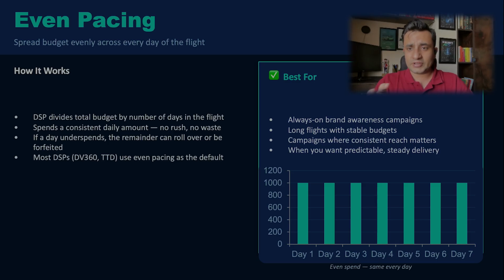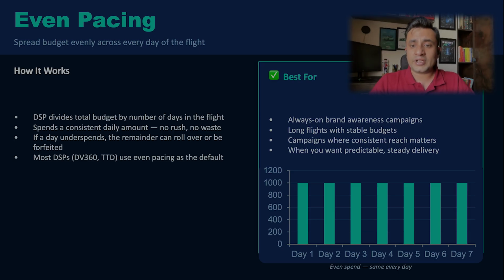What is even pacing best for? It is best for those campaigns which are always on, like brand awareness. It is good for long flights with stable budgets when you want to spread your budget evenly across each day. It is good for campaigns where consistent reach matters rather than spending the budget in a short span of time.